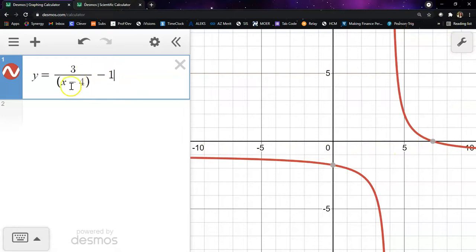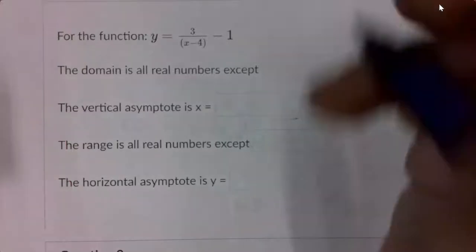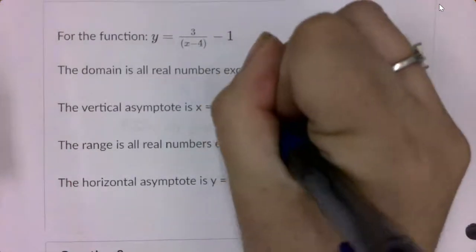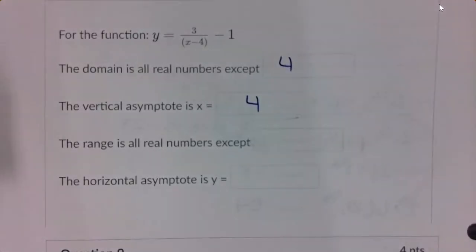Notice these match up to parts of the equation. So the domain is all real numbers except for 4. And this is the opposite of the bottom number sign.